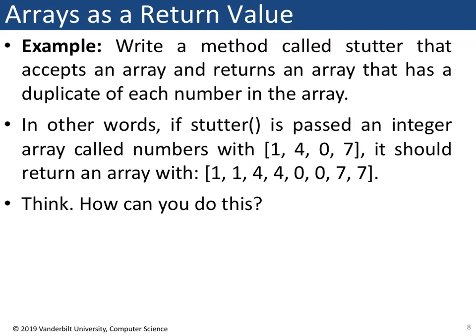So given the input 1407, stutter will produce an array as output with the values 1, 1, because we stuttered the 1, 4, 4, 0, 0, 7, 7. So we've caused each element of this array to be repeated.